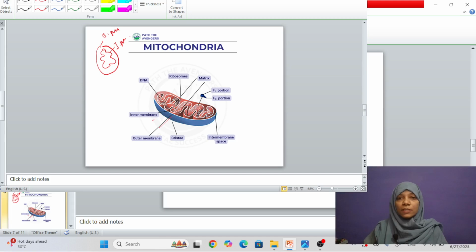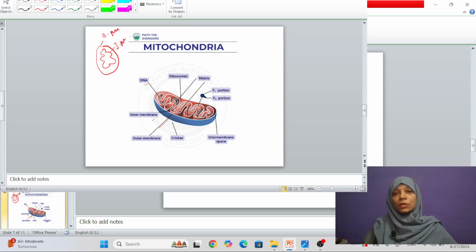Mitochondria and chloroplast have their own DNA. That's why they are considered derivatives of bacteria. Then there is some hollow space between the outer membrane and inner membrane, that is called the intermembranous space.